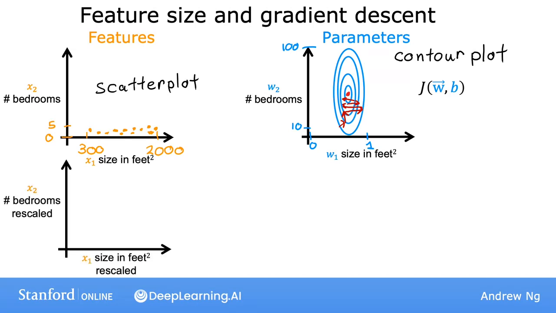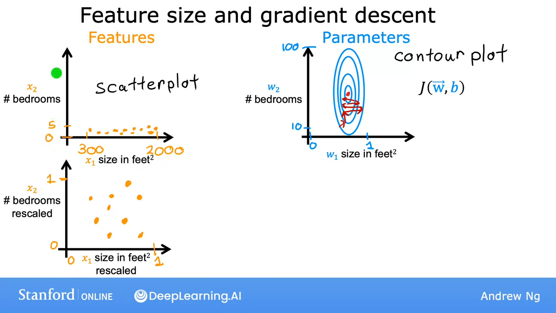This means performing some transformation of your training data so that x1, say, might now range from 0 to 1, and x2 might also range from 0 to 1. So the data points now look more like this, and you might notice that the scale of the plot on the bottom is now quite different than the one on top.